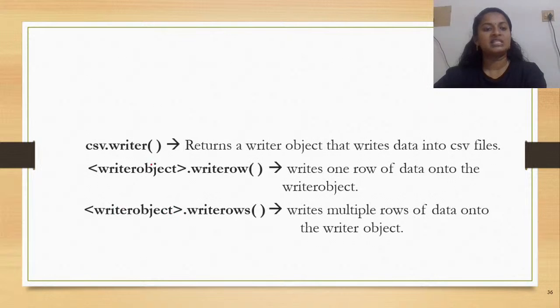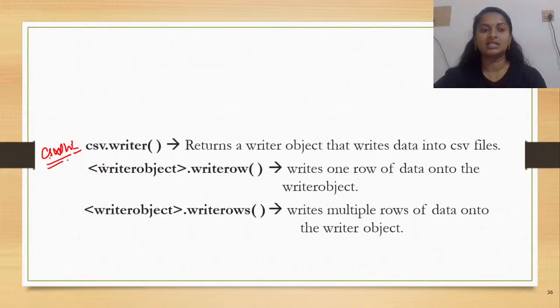So see here, csv.writer returns a writer object. Suppose csvw is your object, so the object can be stored in the variable. It returns a writer object that would write the data into the CSV file.